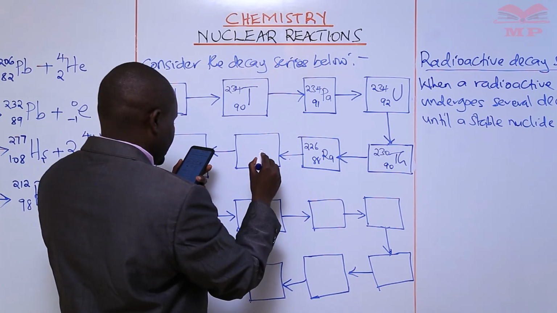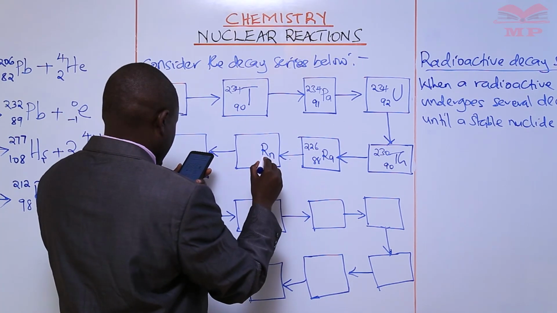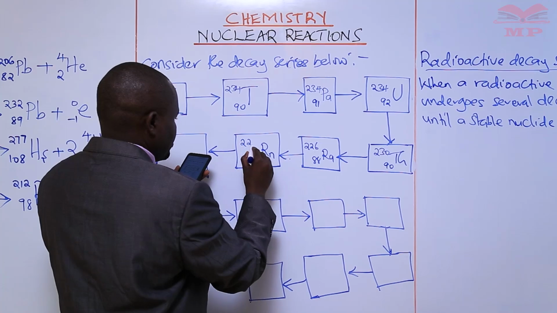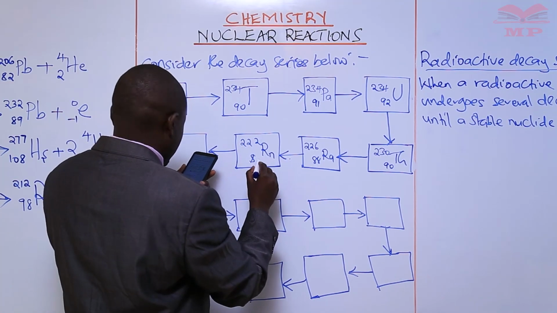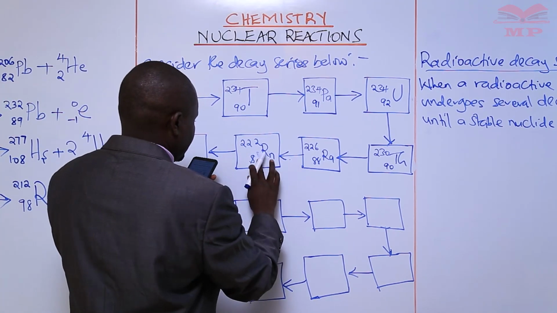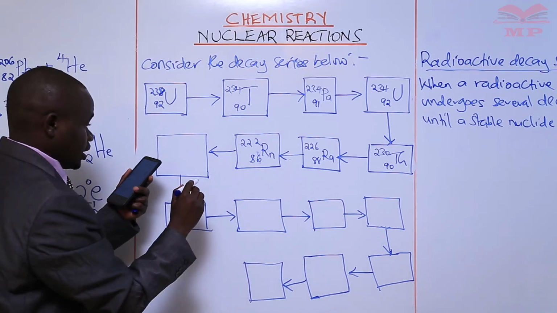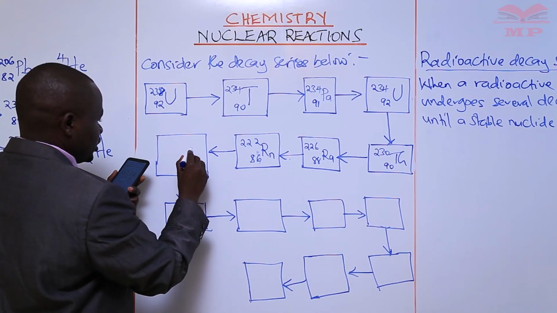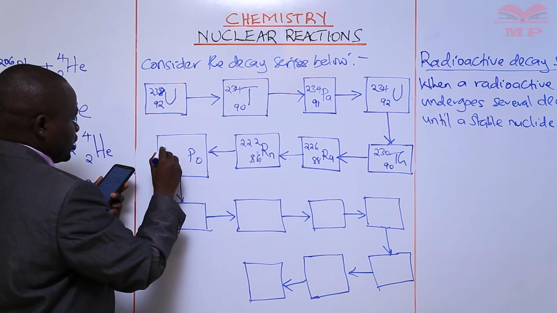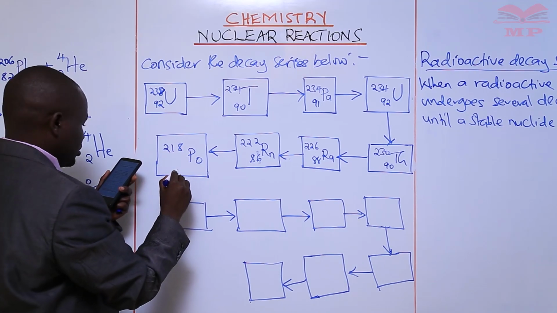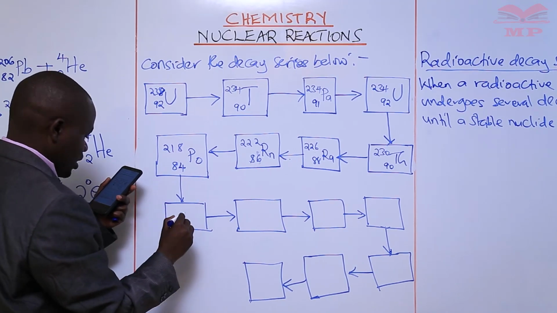It undergoes further decay to produce a new particle. We are saying this one happens until a stable nuclide is obtained. That one also undergoes further decay to produce a new one, mass number 218, atomic number 84.